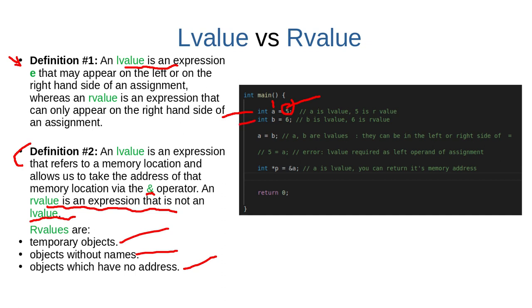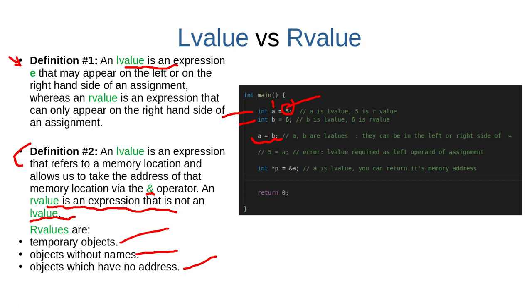The second line is similar, integer b equals 6. b is an lvalue and 6 is an rvalue. Here a equal b. We know that both of them are variables, and the memory address of both can be retrieved.